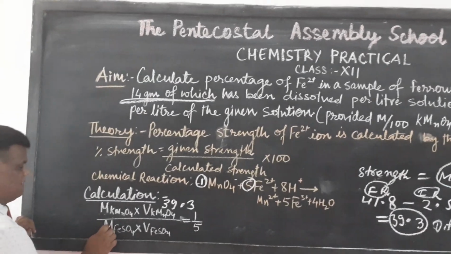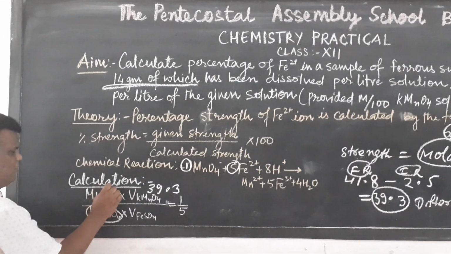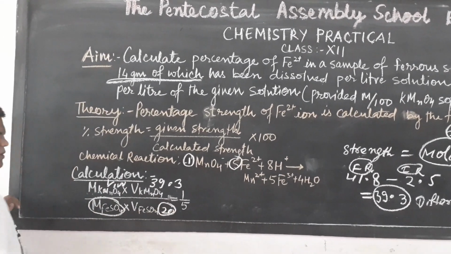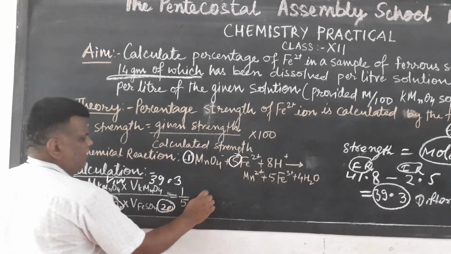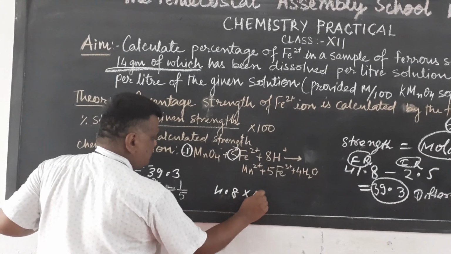M FeSO4 you have to find, that is 1/100, and V is 20. So you can calculate, it will be perhaps 4.8 into 10 to the power minus 2.